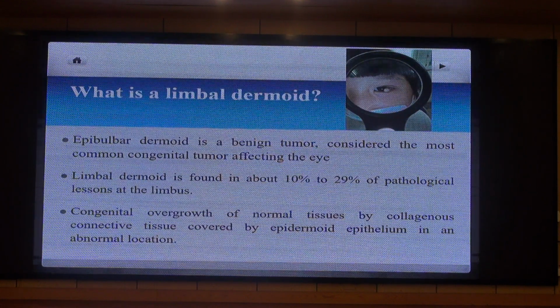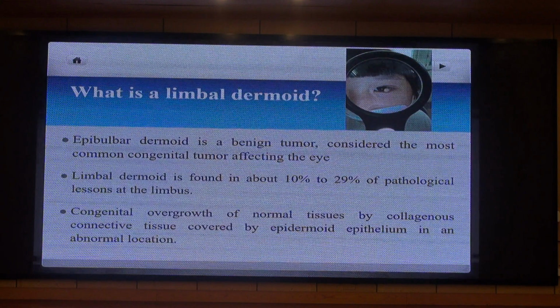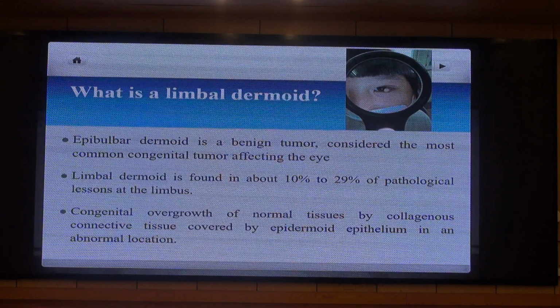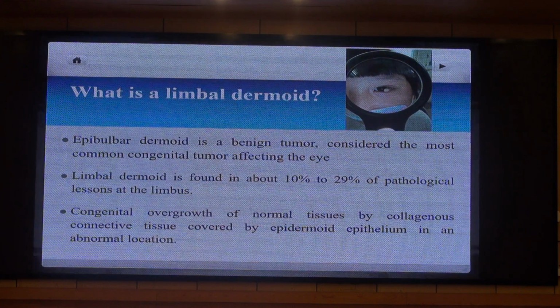Epibulbar dermoid is a benign tumor, not malignant, considered the most common congenital tumor affecting the eyes. Limbal dermoid is found in 10 to 29% of pathological lesions of the eye. It is a congenital overgrowth of abnormal tissue, collagenous connective tissue covered by epidermoid epithelium in an abnormal location.